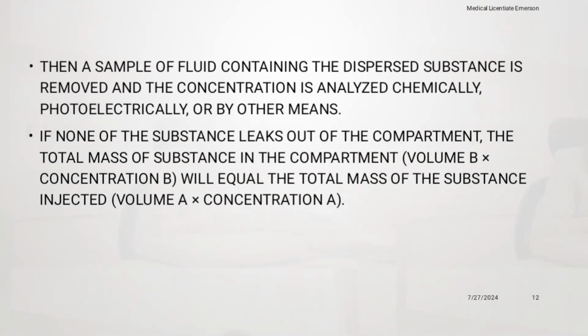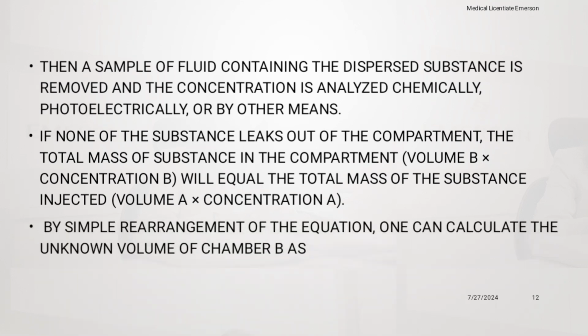If none of the substance leaks out of the compartment, the total mass of substance in the compartment, which is volume B multiplied by the concentration B, will equal the total mass of the substance injected, which is volume A multiplied by concentration A. By simple rearrangement of the equation, one calculates the unknown volume of chamber B: volume B equals volume A multiplied by concentration A, divided by concentration B. That's the formula to calculate the unknown volume.